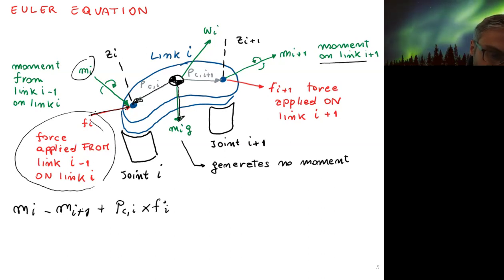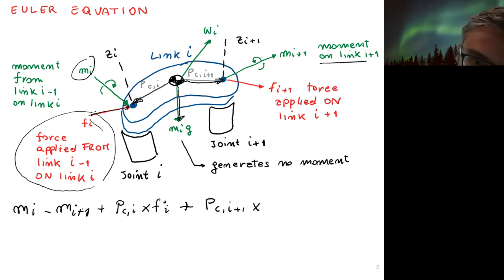Plus, the moment of the force Fi+1 will need to be accounted with a negative sign. This is the vector between the center of mass and the application point of Fi+1, and Fi+1 we consider with a negative sign. And then this is equal to what?